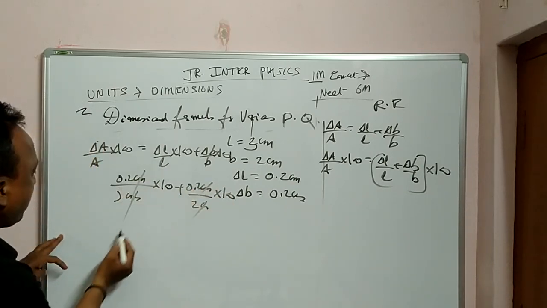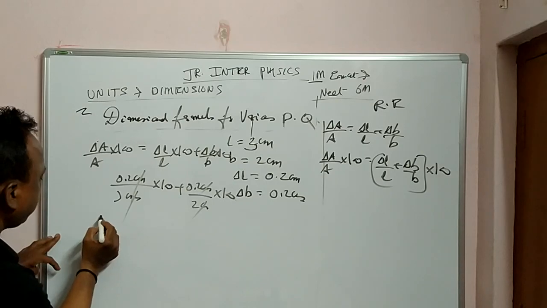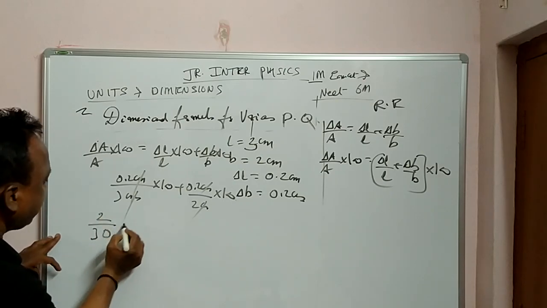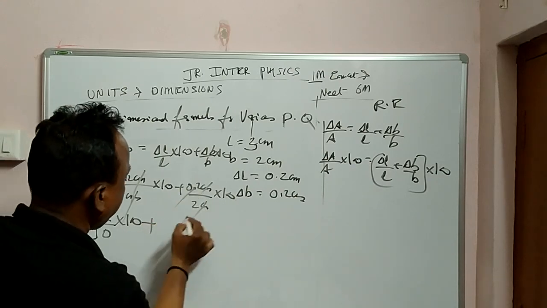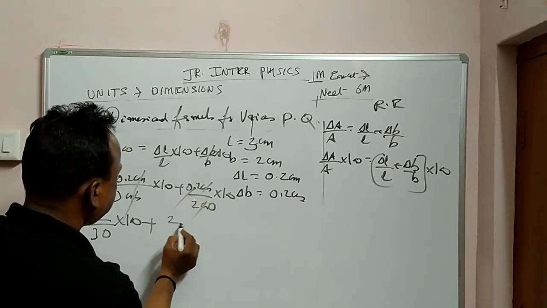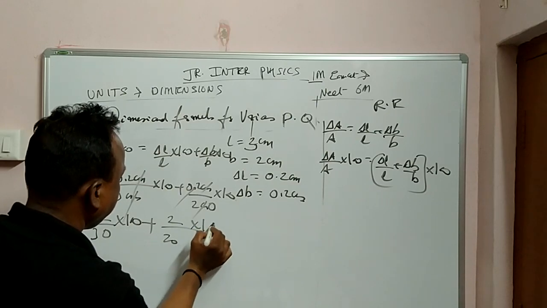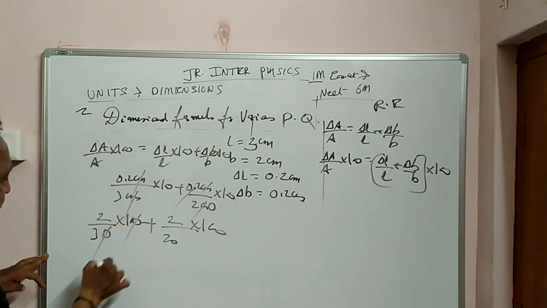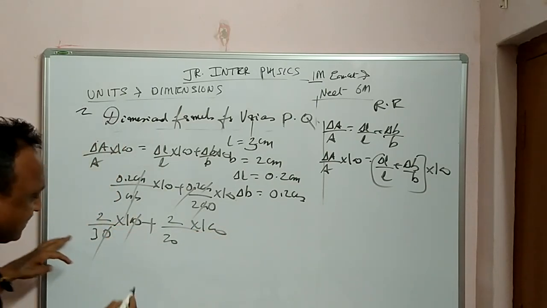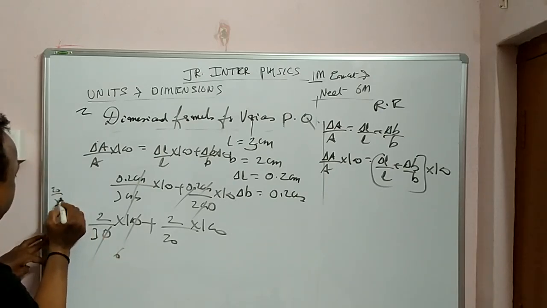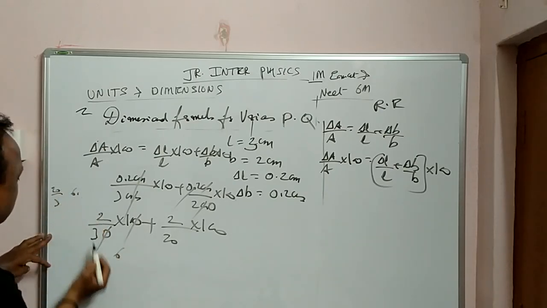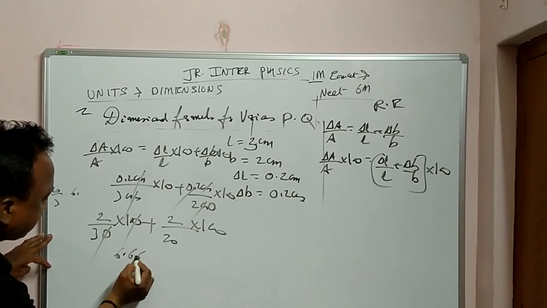The cm cancel. 0.2 by 3, that means 2 by 30 into 100, plus the same here, 2 by 20 into 100. Now if you roughly find how much 20 by 3 is, 3 6 is 18, 2, that means 6.66.